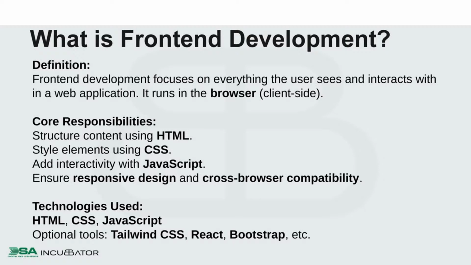So, the technologies used for front end development are HTML, CSS, and JavaScript. Let me start asking questions quickly. I'm assuming this is not the first time you've heard of the word HTML. Can anybody help us with the meaning of HTML? CSS? We all know what JavaScript is. So what are HTML and CSS?